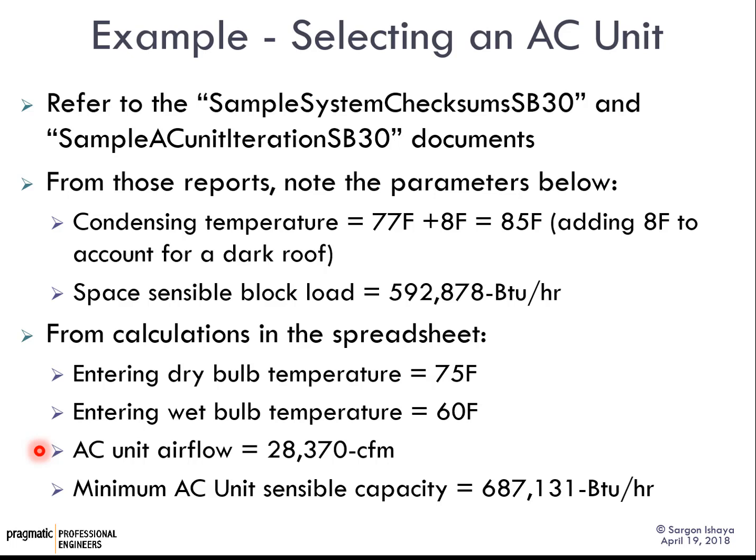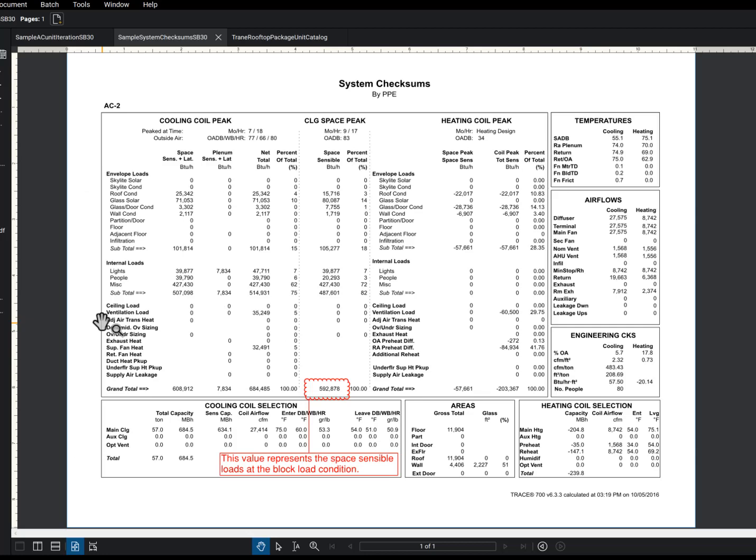Okay, I'm not going to go through these calculations. I just described them earlier, but I had, I think it was, a 72 degree room set point temperature. So using these values, these are the entering conditions that I get. So my AC unit airflow becomes 28,370 CFM. And the minimum AC unit sensible capacity based on that airflow is 687,131.